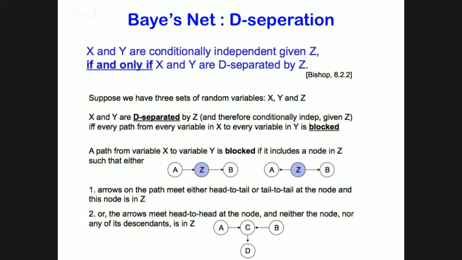The shaded ones are observed, and A, B, D are unobserved. You don't know the probabilities for A, B, D yet, but you know C and E. So A, B, D are unobserved, and the probability distribution over unobserved variables would be the prior.